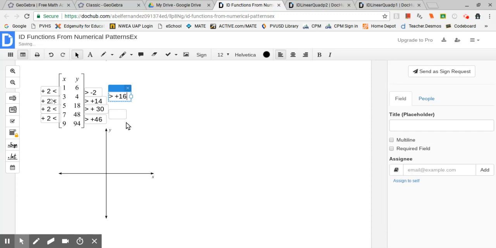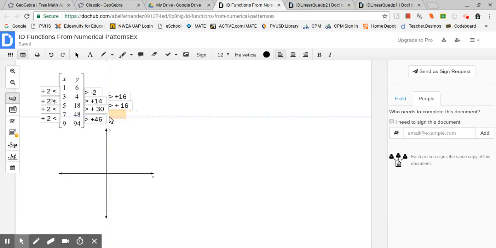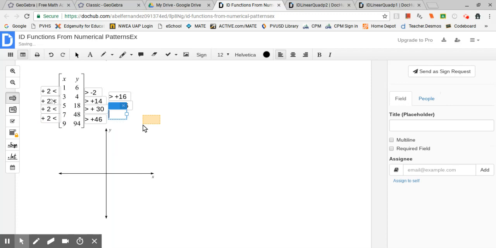From 14 to 30, I'm adding 16. And then from 30 to 46, I'm adding 16.